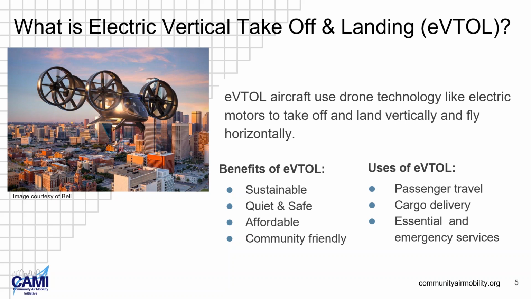And again, they're used for passenger travel, cargo delivery, and essential and emergency services. In the scheme of urban air mobility that CAMI works with, we are not working with small drones. Obviously, urban air mobility aircraft need to integrate with UAS, but that's not within CAMI's mission to integrate with that use case.